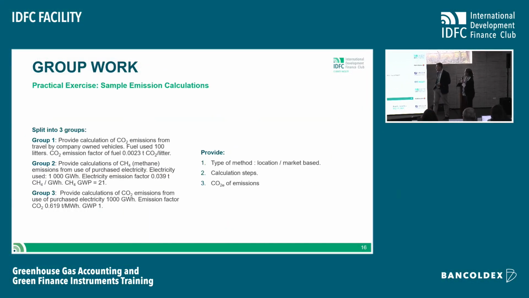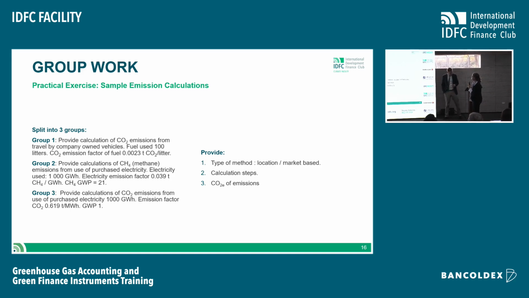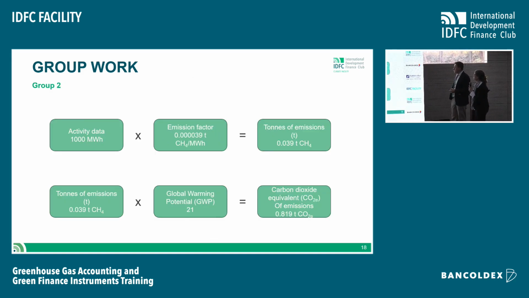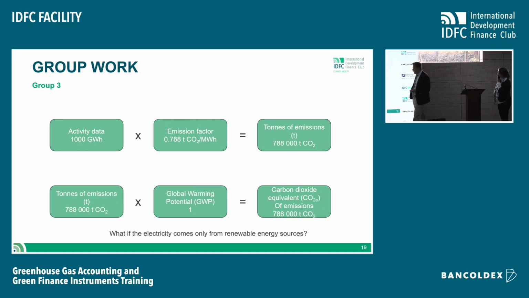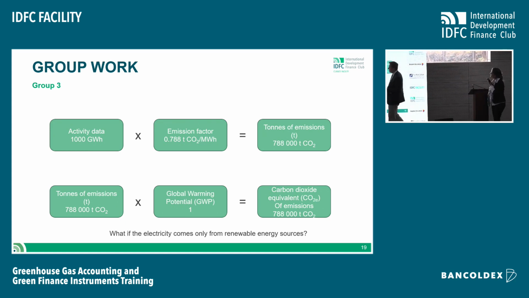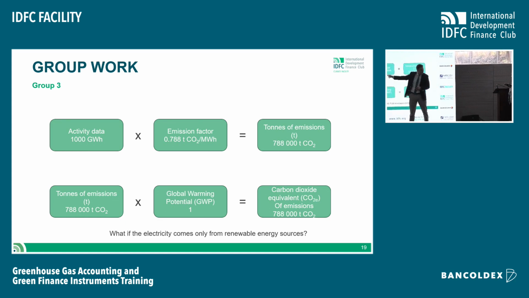So the data was CO2 emissions, use of purchased electricity, 1,000 gigawatt hours, emission factor 0.619, which is most likely the Polish one that I used. And I was playing too much with the data. Sorry for this.